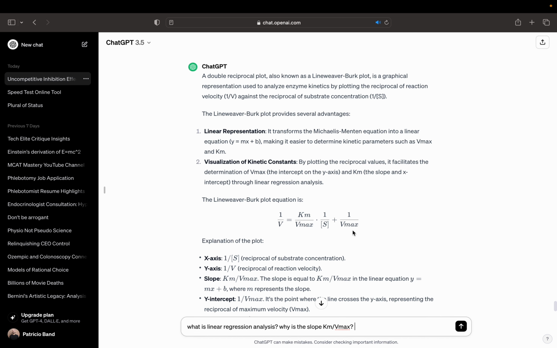Nice. That should also explain why V equals Vmax times the substrate over Km plus the substrate, right? If you reverse everything here, you have V equals Vmax times substrate over Km plus substrate.